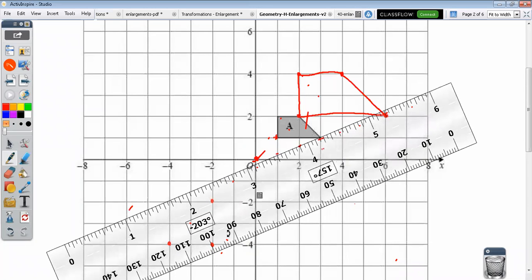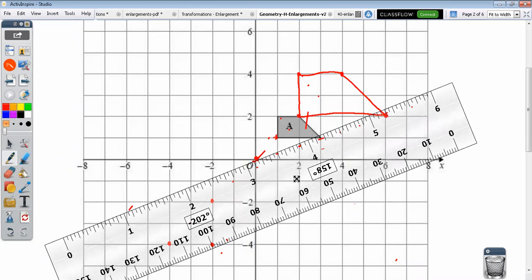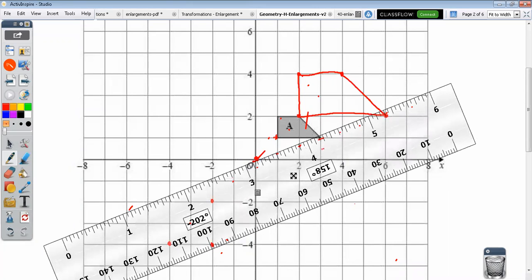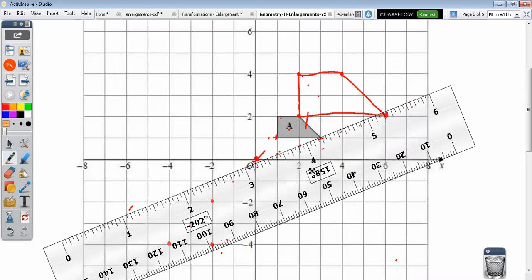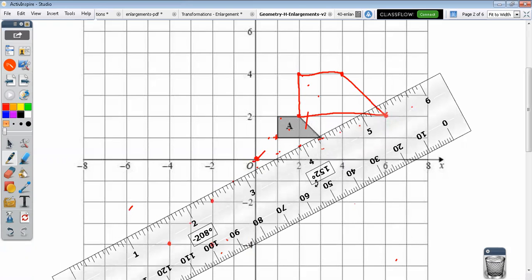Okay, something like this, so that you get an idea. 1, 2, 3. Are you following me? Because my line has to exactly pass through, that's why I was trying to adjust my ruler here.